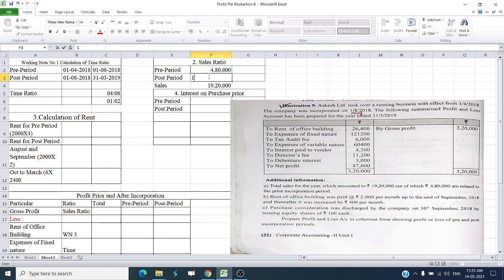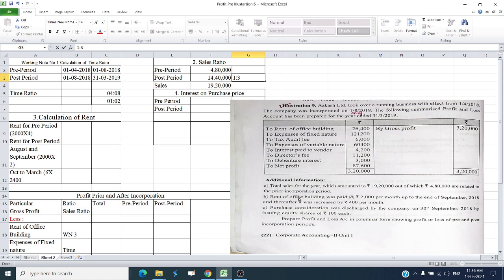So the balance will be 14,40,000. Pre-period sales is 4,80,000, post period sales is 14,40,000, and whole year sales is 19,20,000. With the help of these we can easily find out the sales ratio, and the ratio will become 4,80,000 to 14,40,000, that will come 1:3. So 1:3 is the sales ratio here.